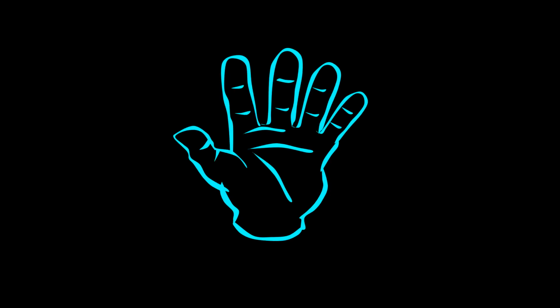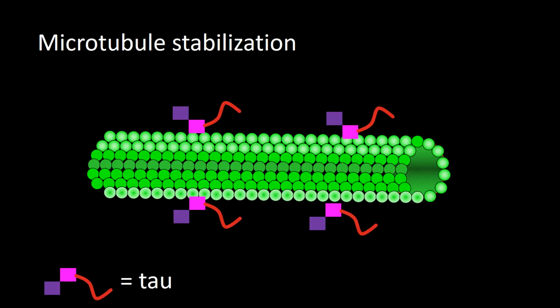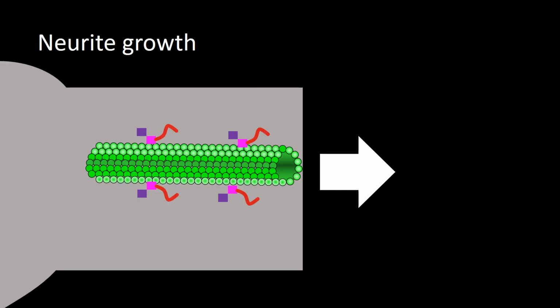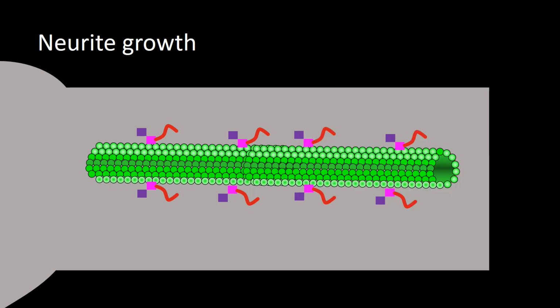Tau, that is normal tau, has 5 main functions in neurons. One is to stabilize microtubules. Think of tau as the cement that holds the units to form microtubules together. Second, tau contributes to neurite growth as represented here.